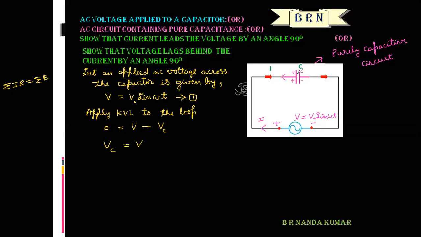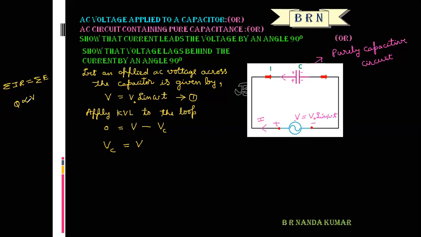So when charge is given to the capacitor, what happens to the potential difference between its plates? The potential difference between the plates gradually increases.